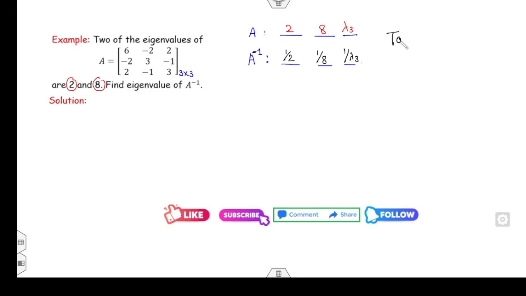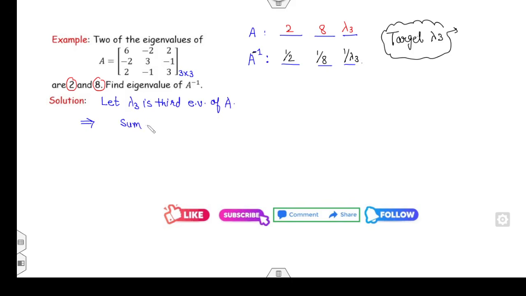So our target is to find the value of lambda 3 only. How can you find that? It's very simple. I can assume that lambda 3 is the third eigenvalue of the matrix A. Now we can use the first property: the sum of the eigenvalues is the trace, or you can use the product of the eigenvalues is the determinant of the matrix.